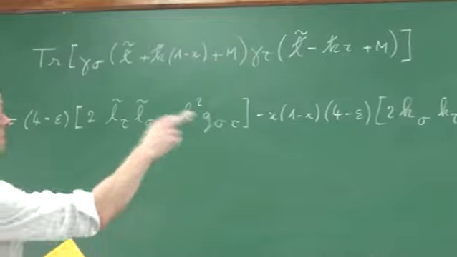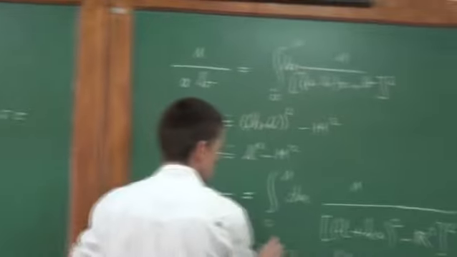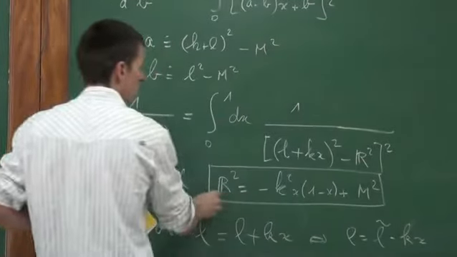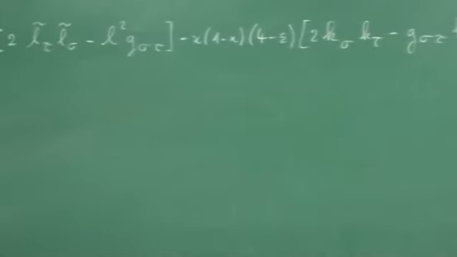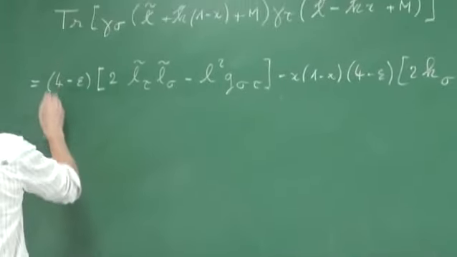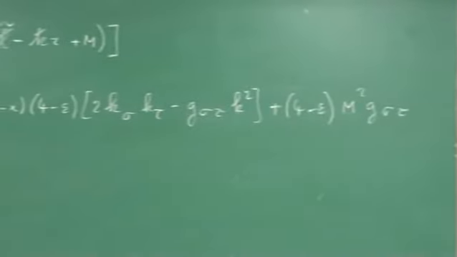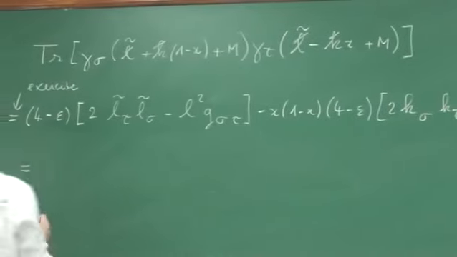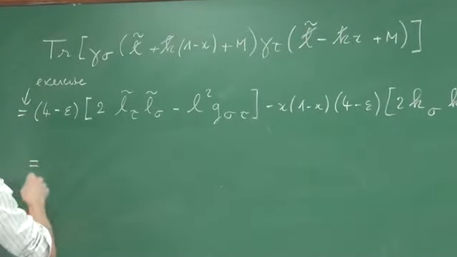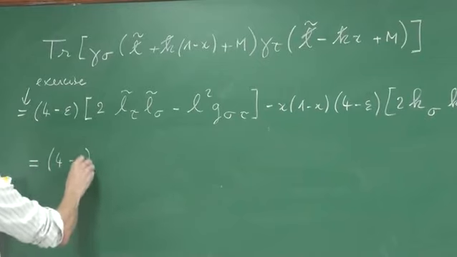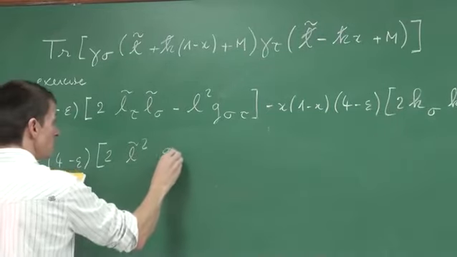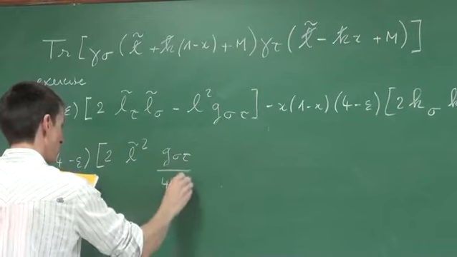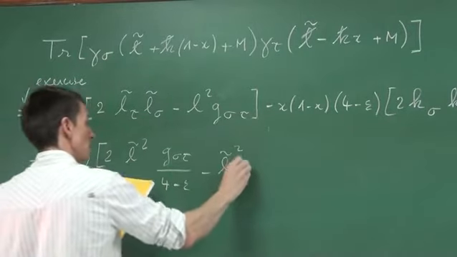But in fact, in this equation, you can find the appearance of this, which will allow to simplify a bit. You can write it as 4 minus epsilon times 2 x squared j sigma tau, 4 minus epsilon minus x squared.